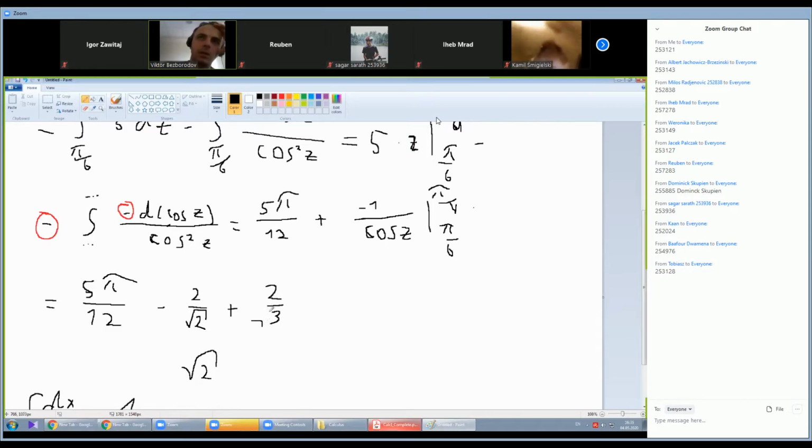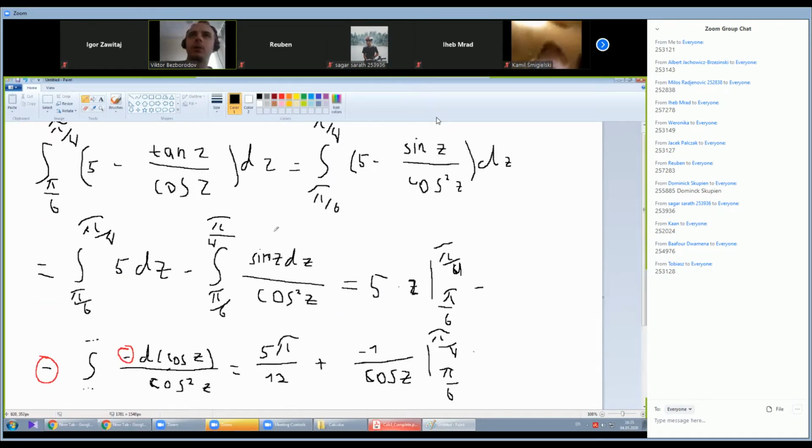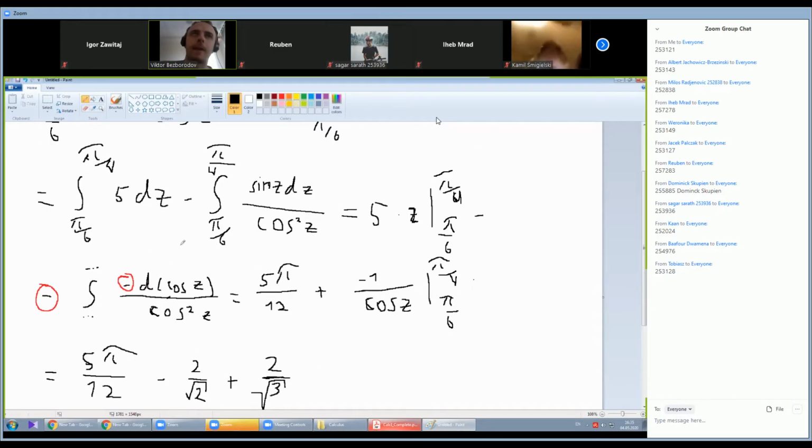And here is, of course, a square root of 3, right? Okay, so I hope this is clear, right? So here the difficult part is to separate this integral and then to compute it, right? So do you have some questions or comments?